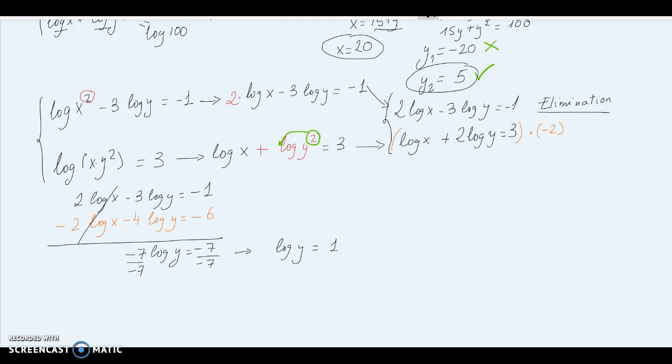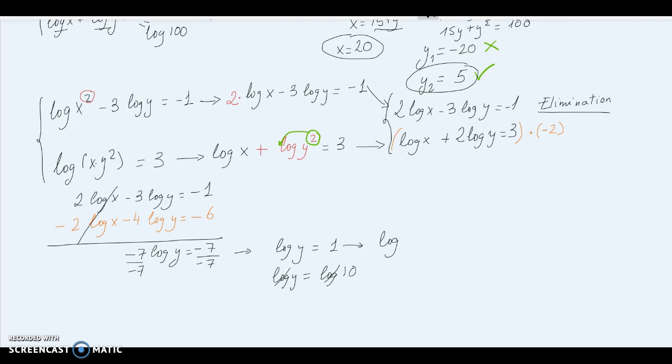Okay, so according to the last systems, you know that the log of y in this case is log of 10. Okay, so y is 10. Or if you prefer, you can do the next modification.